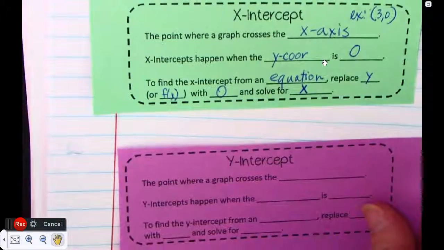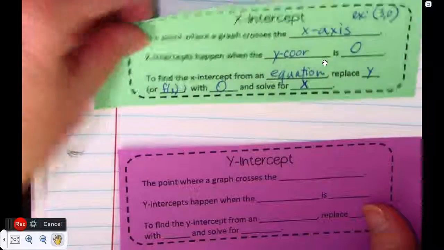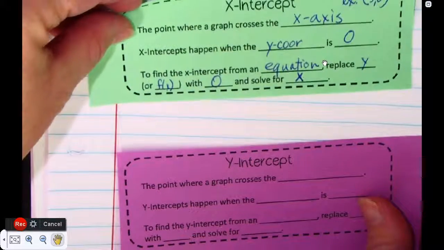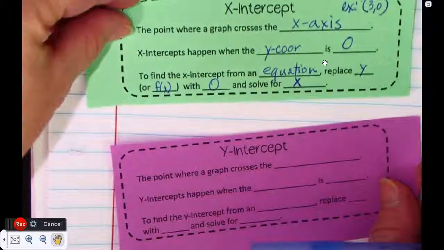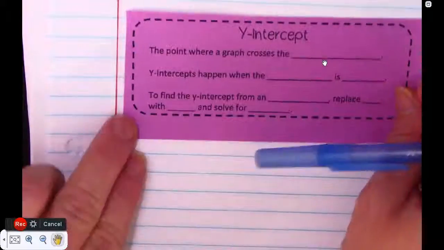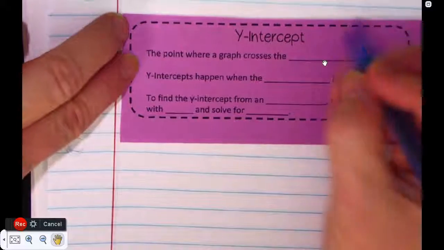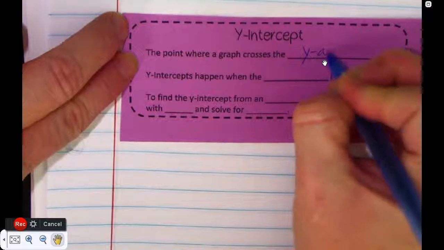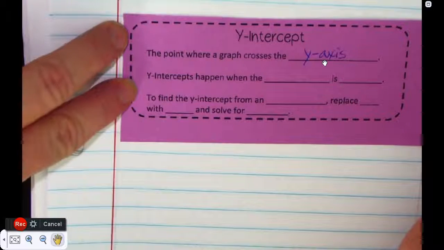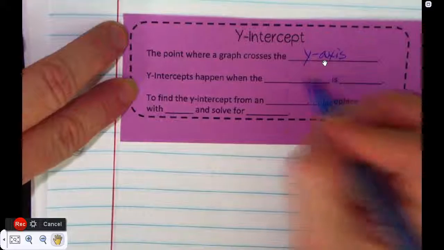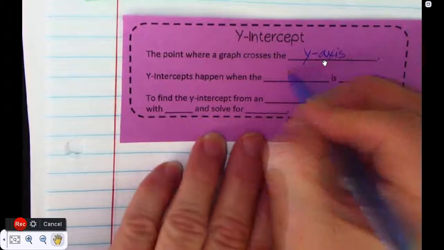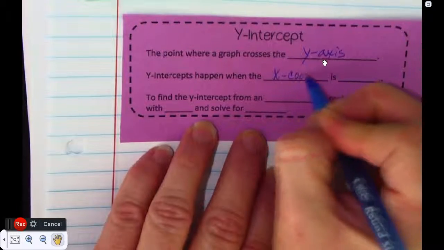Okay, now we're going to do the y-intercept. Does everybody have that? So, the y-intercept is the point where the graph crosses the y-axis. Y-intercepts happen when the x-coordinate is 0.